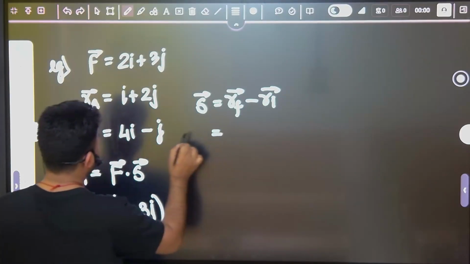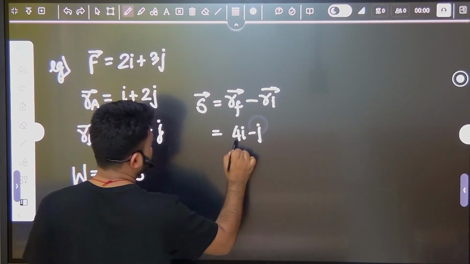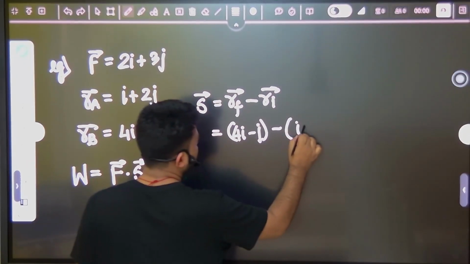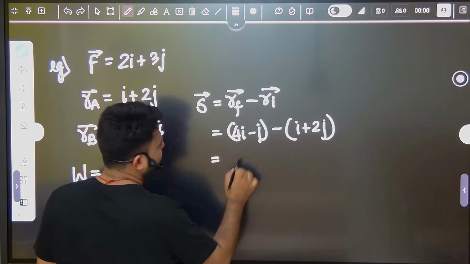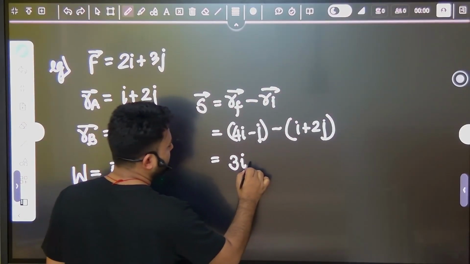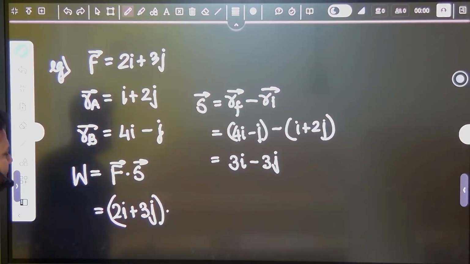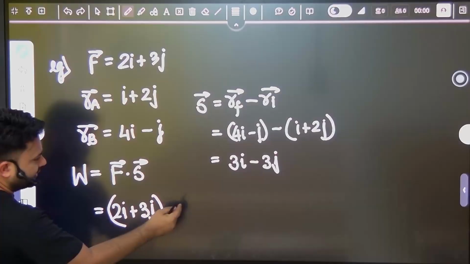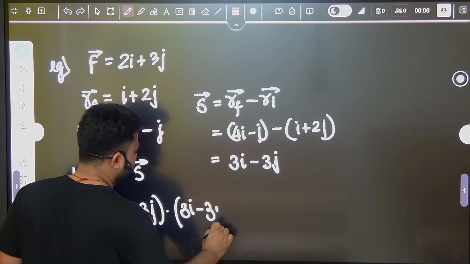So the final position vector is 4 I cap minus j cap minus the initial position, that is I cap plus 2 j cap. So 4 I cap minus I cap will be 3 I cap, minus j cap minus 2 j cap will be minus 3 j cap. So this is our displacement: 3 I cap minus 3 j cap.